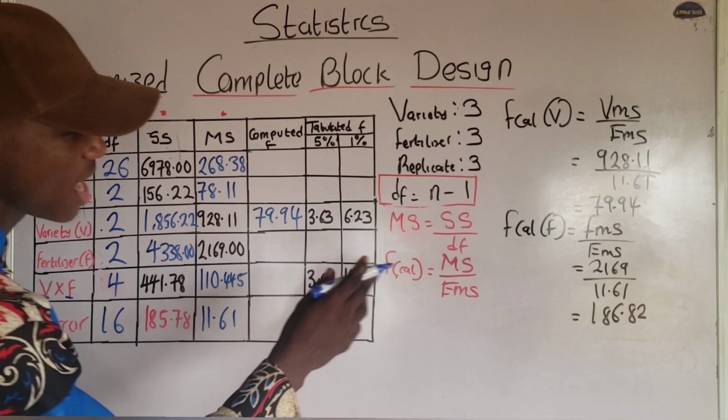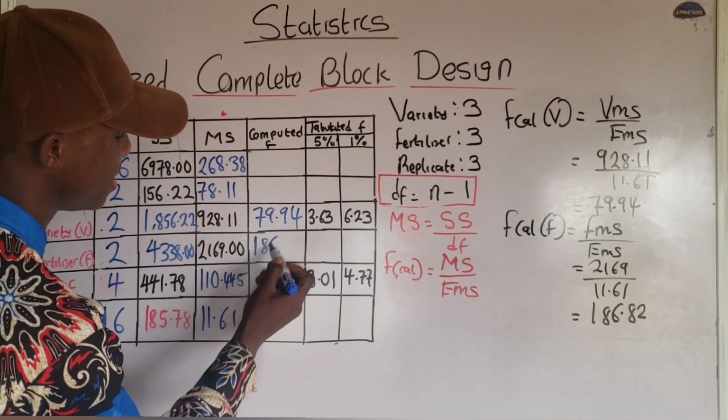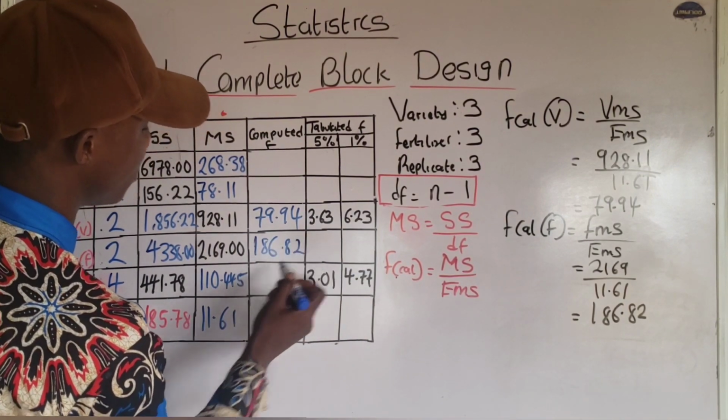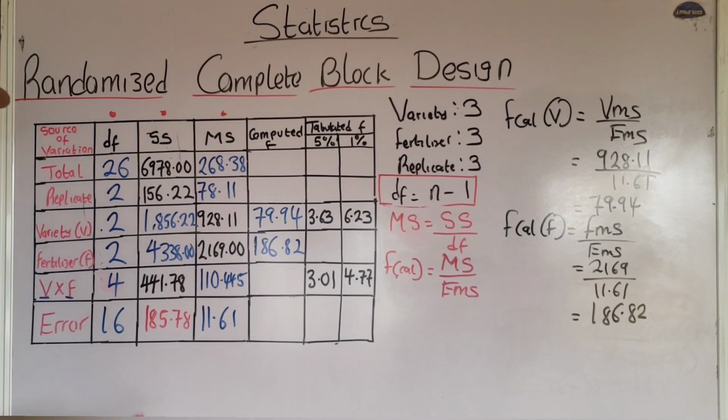So FK for fertilizer is 186.82. Now let's calculate the variety fertilizer FK, because that's important to us.